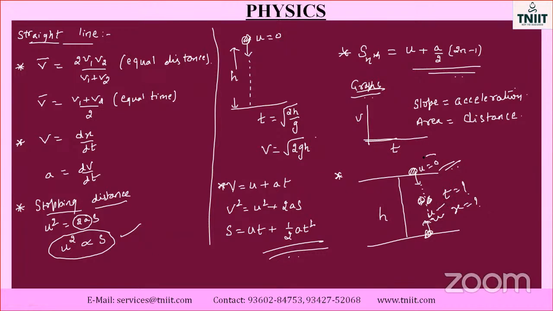Whenever the particle is dropped downward, the initial speed will be 0. So this problem will be asked. These are the formulas you have to remember in the motion in a straight line concept.